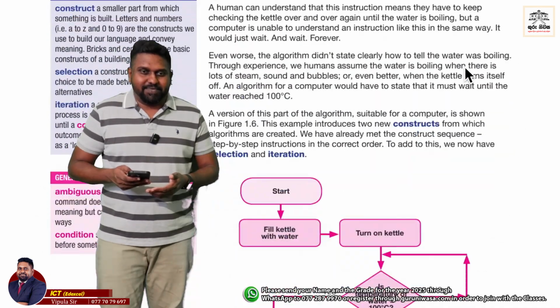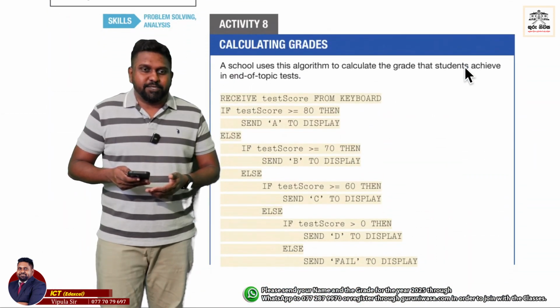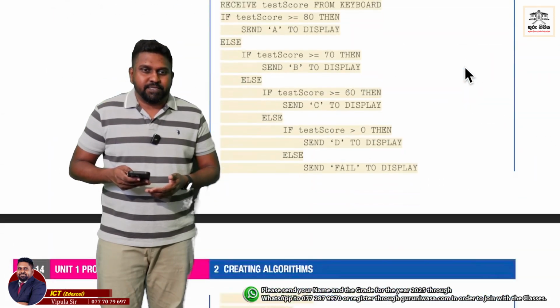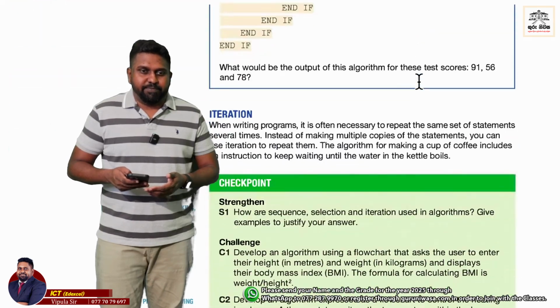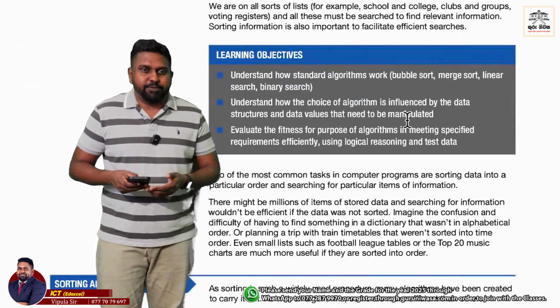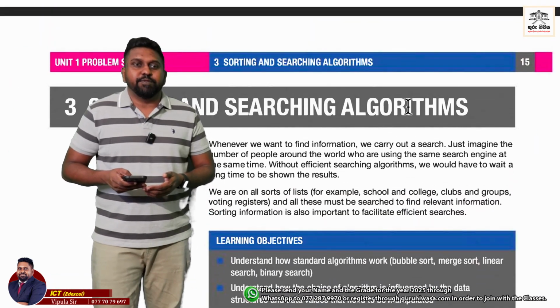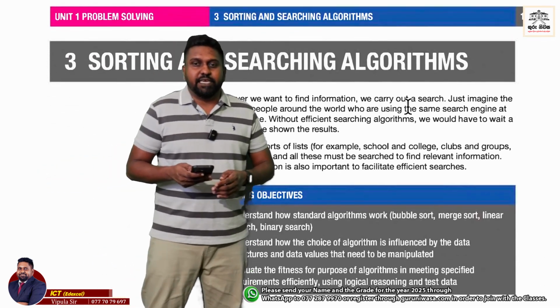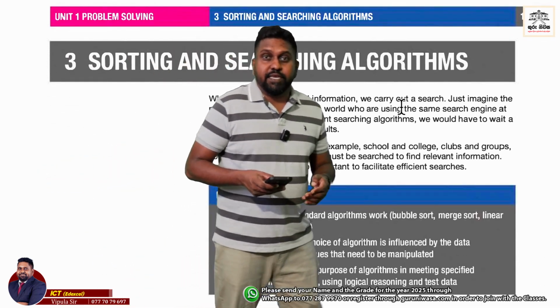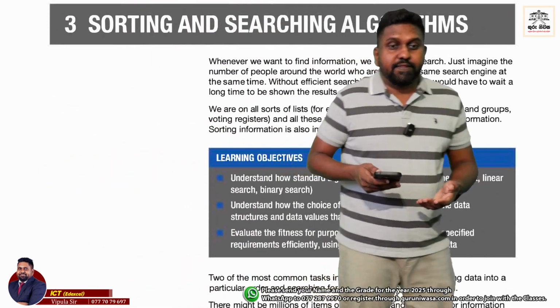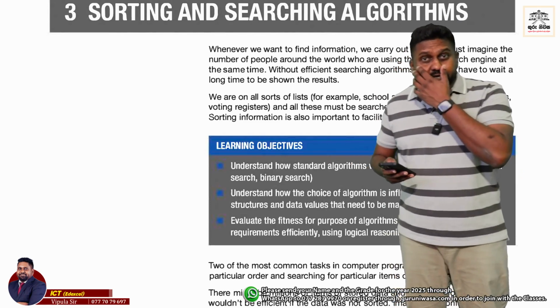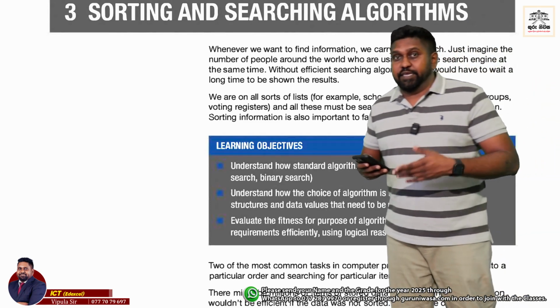Let's jump back to where we stopped last week. Just to do a recap of what we went through, we basically went through the sorting and searching algorithms. Why do we need this? Whenever we want to find some information, it can be any information.